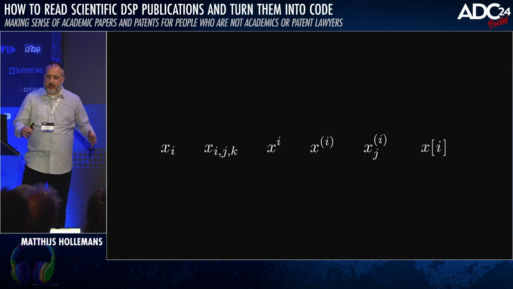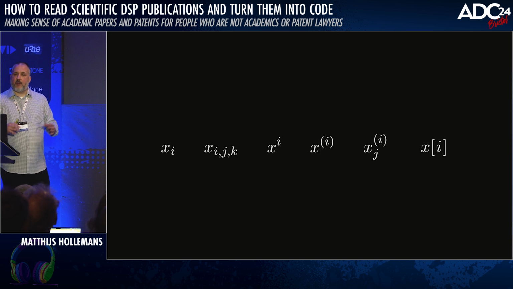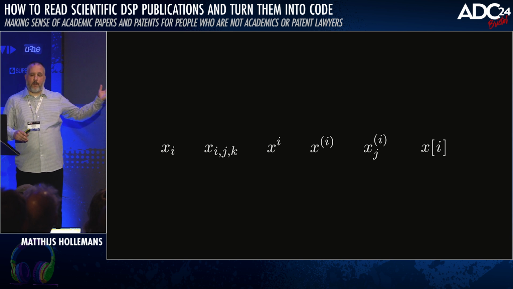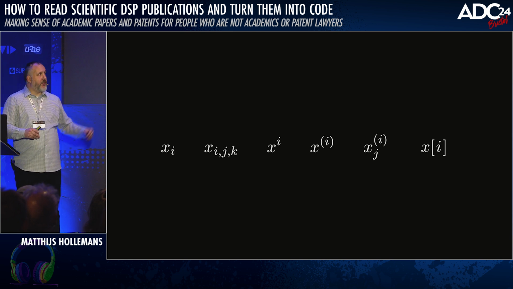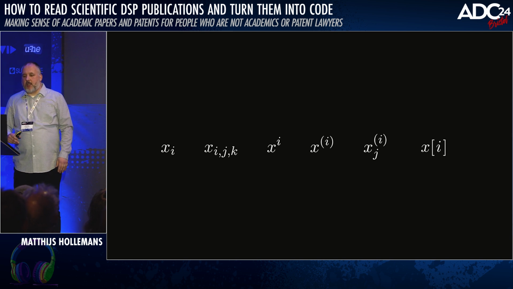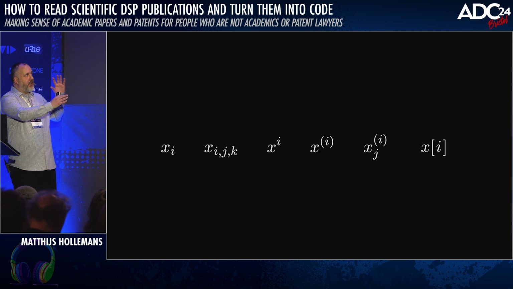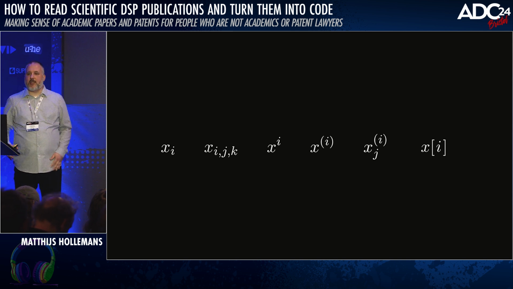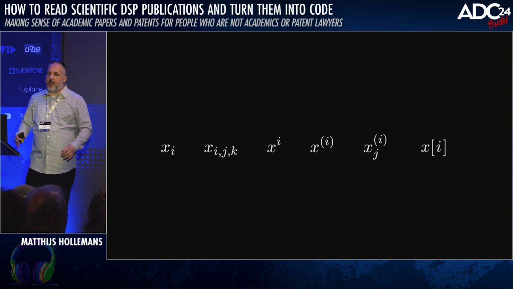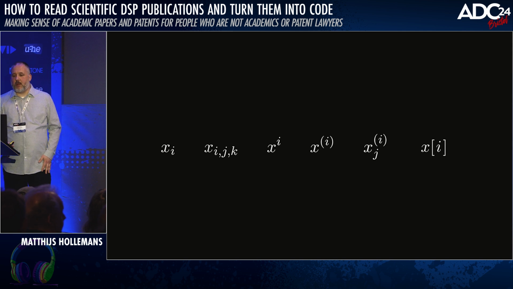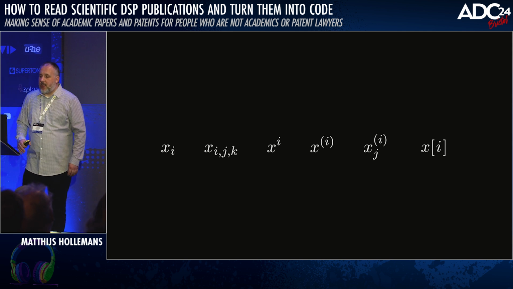But that's confusing, because that's also the notation for taking the power, so they might put little parentheses around it. And sometimes you have a subscript above and below, or they do it like we do in programming with the square brackets. So all of these things are basically equivalent ways to notate indexing, and whichever one the paper uses really depends on whatever they felt like writing.